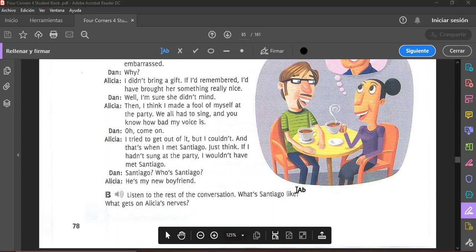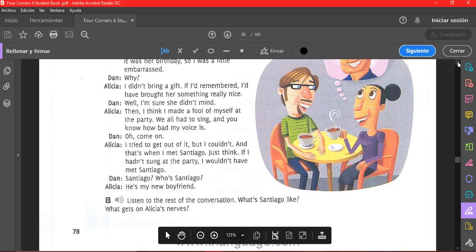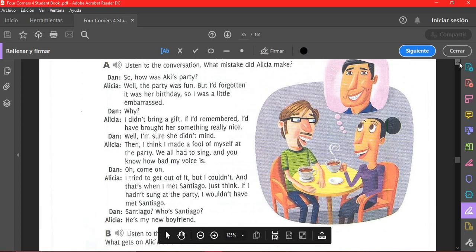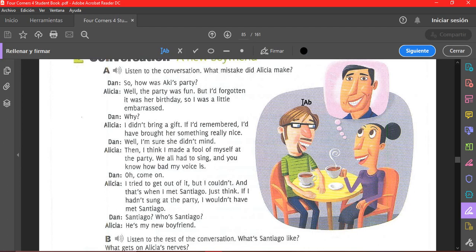Okay, people, we have listened. Very good. Now, for the next exercise, I'm going to put in bold some of the expressions we're using in the conversation.